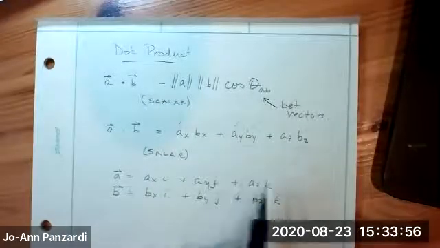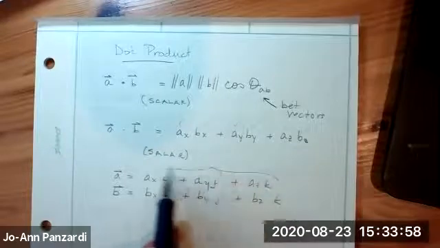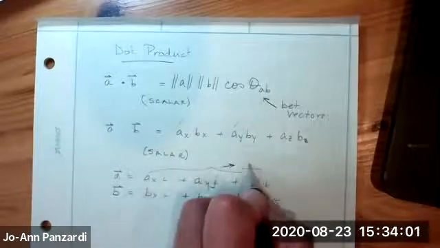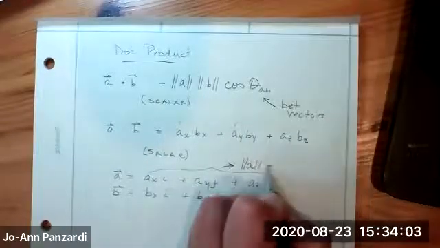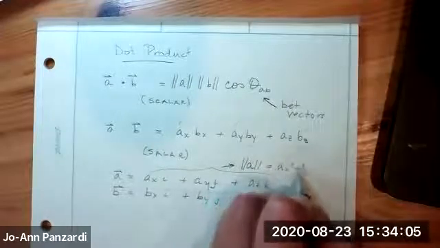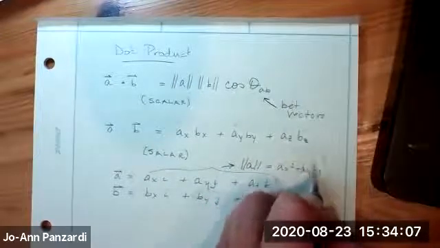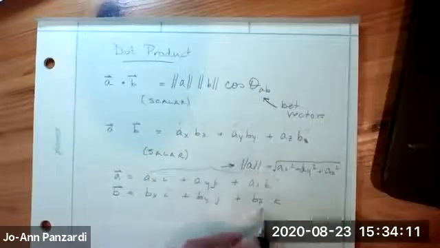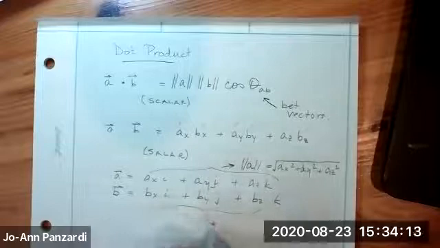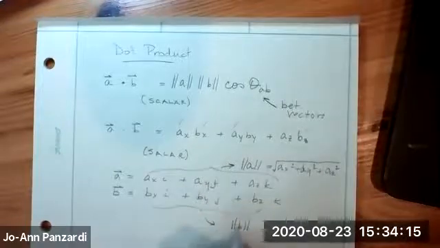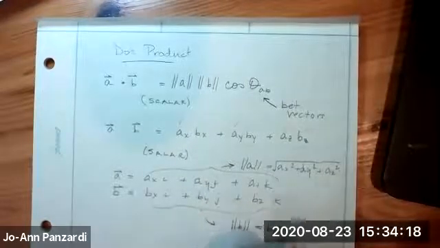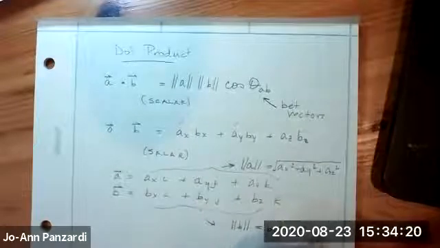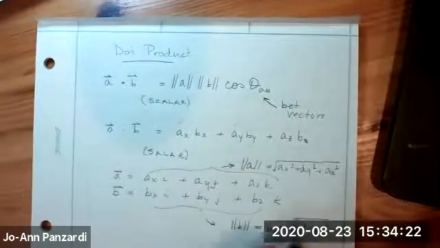Sure, we already know that. The magnitude of A is the square root of AX squared plus AY squared plus AZ squared. And we also could find the magnitude of B, which is the square root of BX squared plus BY squared plus BZ squared.